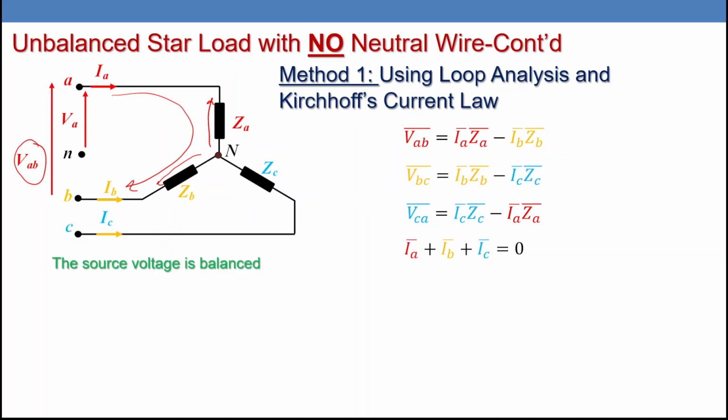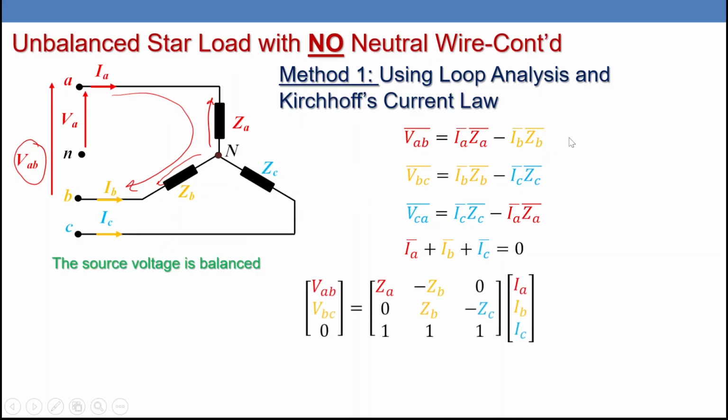We can put these equations in a matrix form. We're going to choose any two equations of the voltages plus the current equation. Someone might say I'm going to choose the three voltages and put them in a matrix form. You are going to end up with 0 because the supply voltage is balanced. So choose any two voltage equations and the current equation. I choose here VAB and VBC and put the current equation. In this case, you can find IA, IB, IC. That one is the impedance matrix.